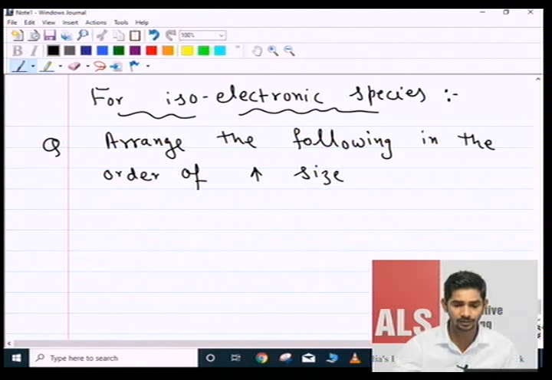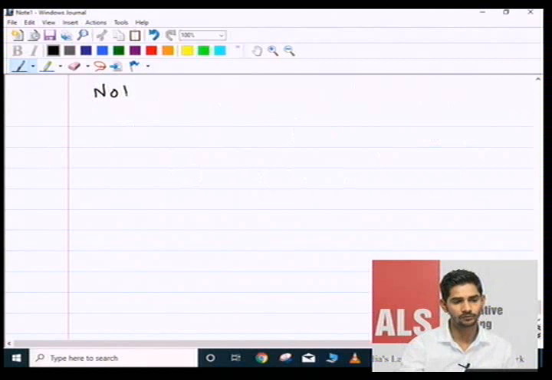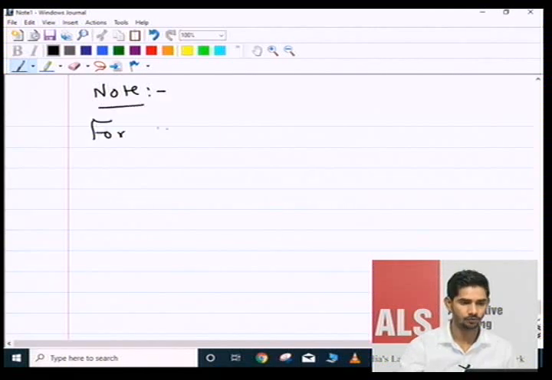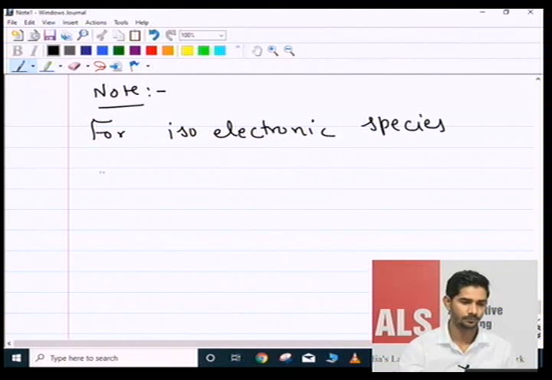And guys, before the question, you can make note of this one for isoelectronic species. Before doing that question, you can remember this.